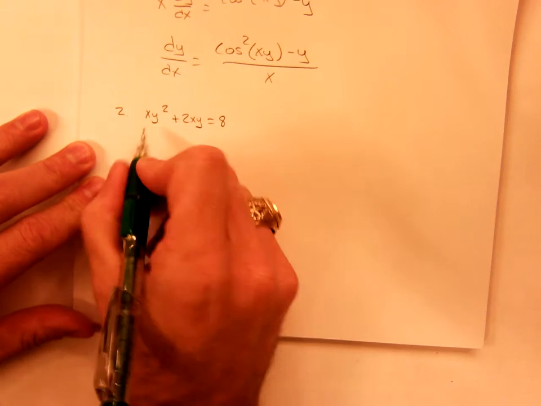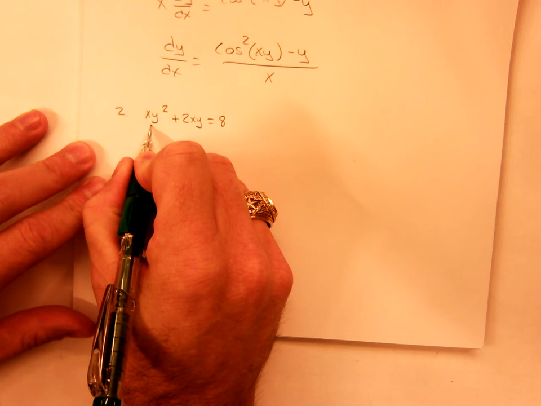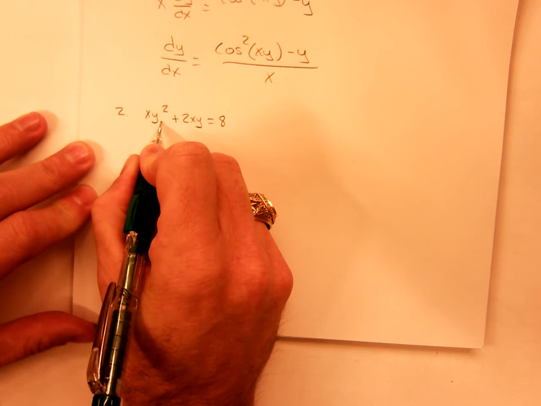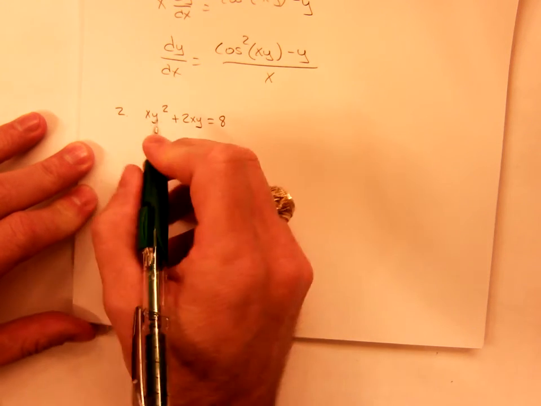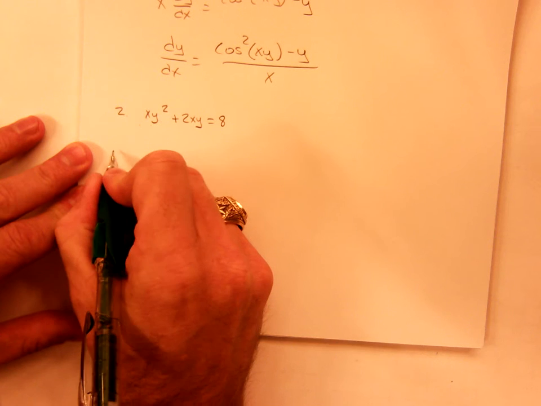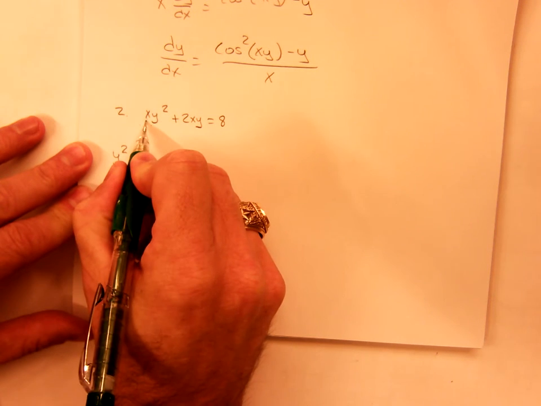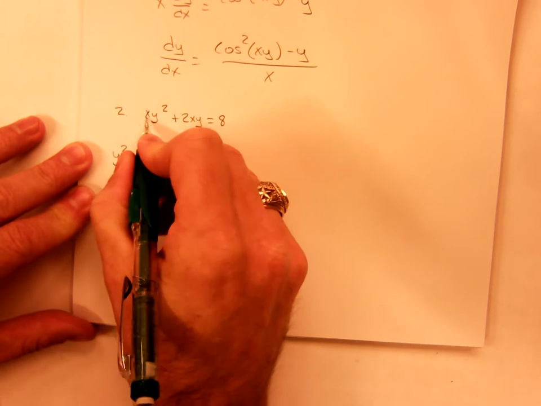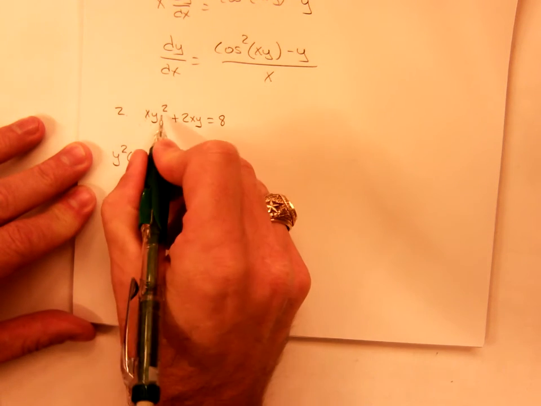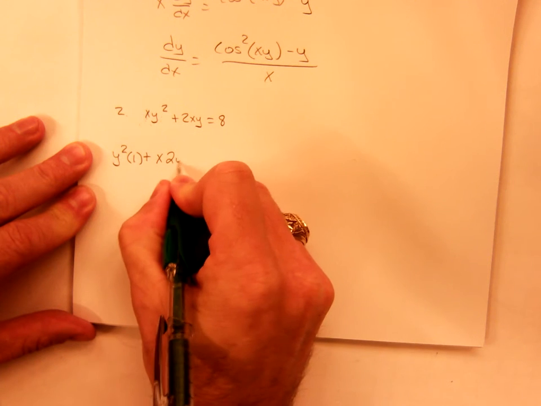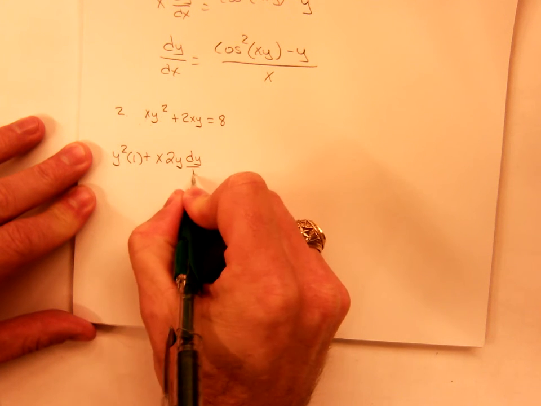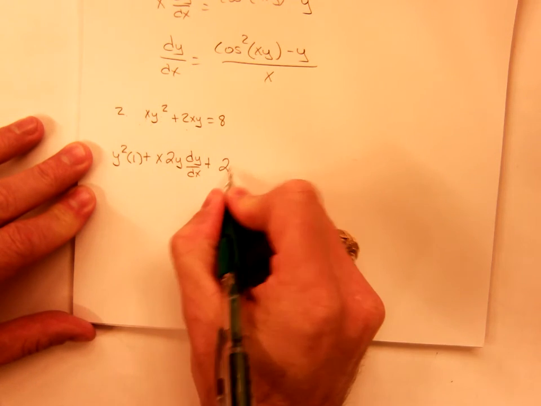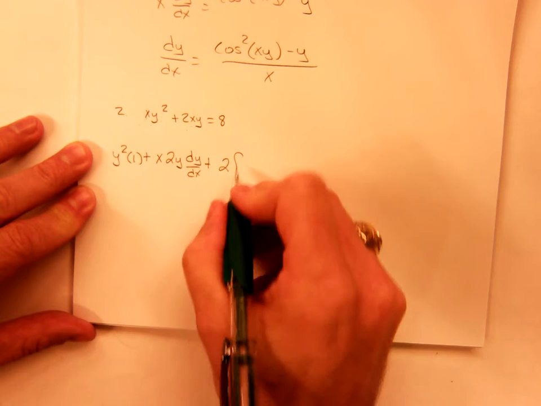All right, here we go. So we're going to do the product rule here. I'm going to take the derivative of x times y squared plus the derivative of y squared times x. So this is y squared times the derivative of x, which is just plain old 1, plus x times the derivative of y squared, which is 2y dy/dx, plus, and now I have to do the same thing here, but I'm going to have 2, and then multiply by the product rule.